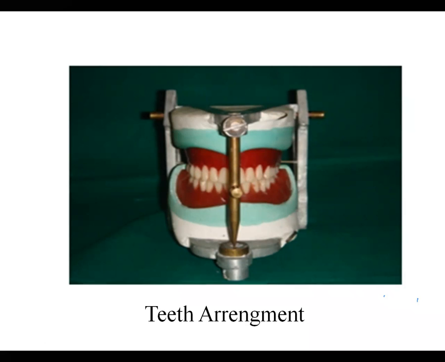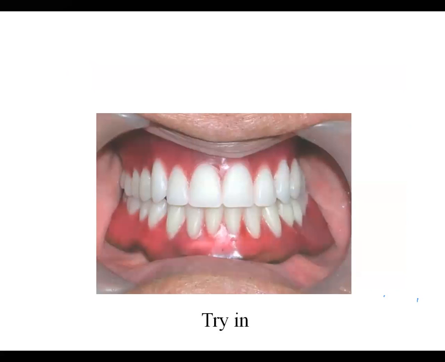After this teeth arrangement, we come to the fourth step, that is trying. In trying, we insert both the maxillary and mandibular trial dentures in the patient's mouth. We check for occlusion, retention, stability, and support.